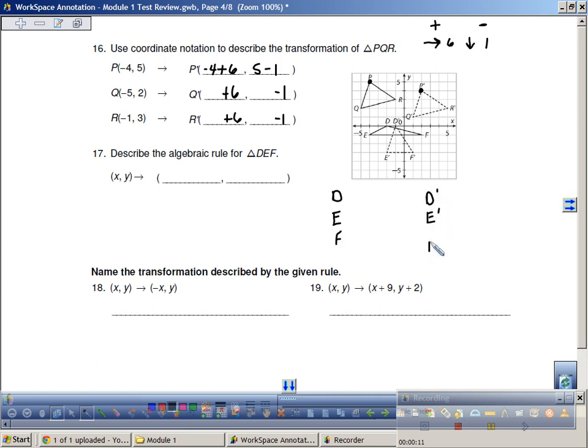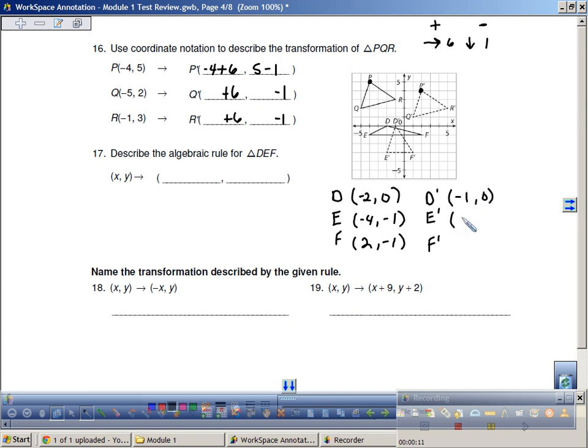So to come up with that rule, I should probably see what's happening to DEF in comparison to D prime, E prime, F prime. So where is D? Somebody tell me. Negative 2, 0. And E? Negative 4, negative 1. And F? 2, negative 1. Thank you. Somebody want to give me D prime? Negative 1, 0.